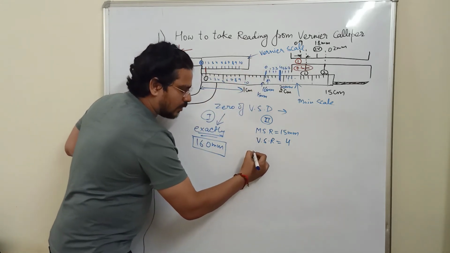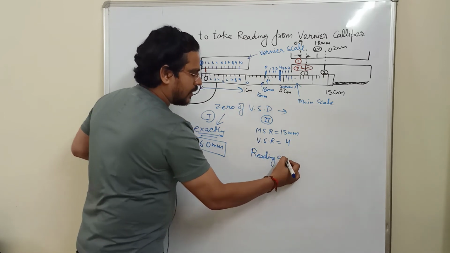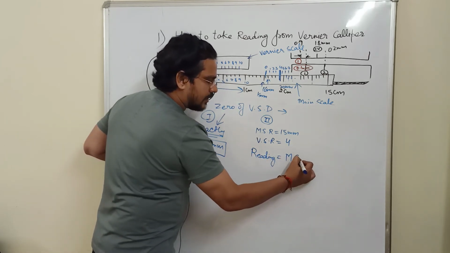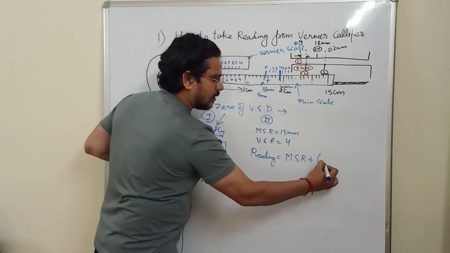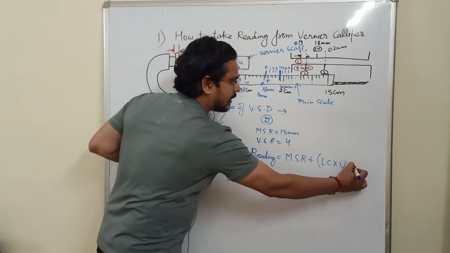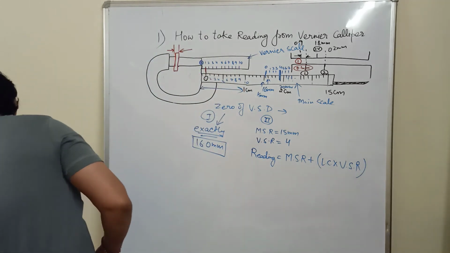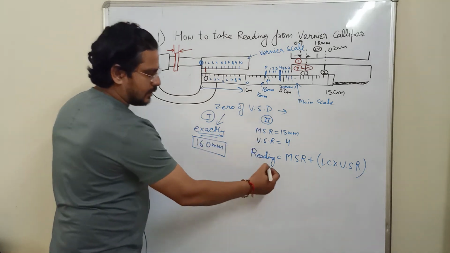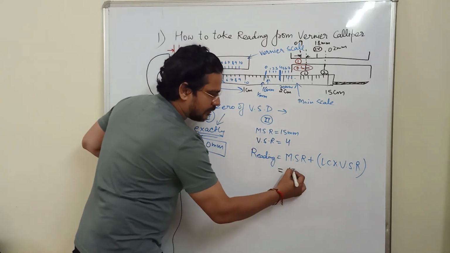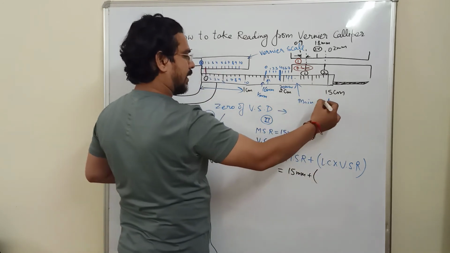Now your final reading is going to be your main scale reading plus least count multiplied by vernier scale reading. So in this case, your main scale reading is 15 mm plus least count is 0.1 mm.